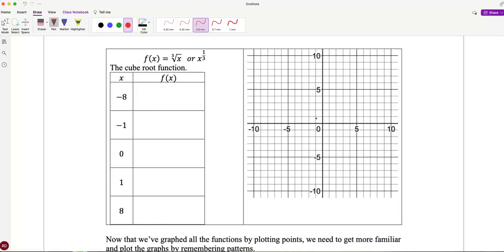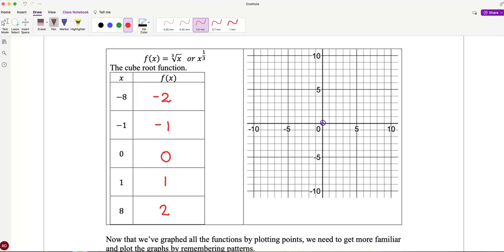And then x to the 1/3, or the cube root of x. The cube root of -8 is -2. Cube root of -1, cube root of 0, cube root of 1, cube root of 8.